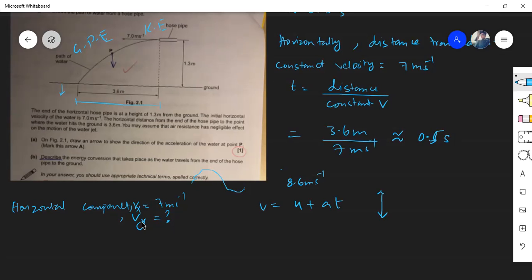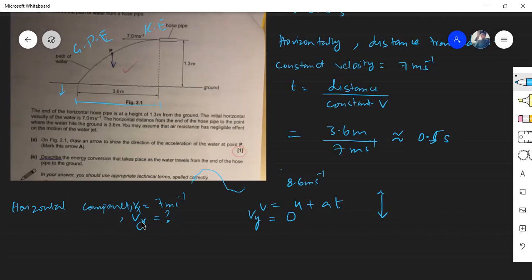So v is Vy, which we're looking for. u is 0, because when the water leaves the hose it's horizontal, and the vertical component of the velocity is 0.